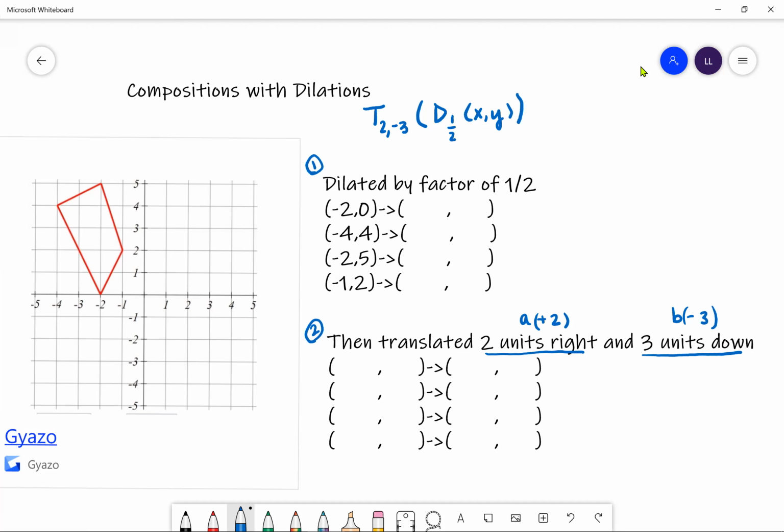After we get our dilation, then we're going to take those points and do the transformation rule on it. That's why we have the dilation on the inside, because it happens first, and the translation on the outside because it happens second. So we work, again, a composite function inside out.